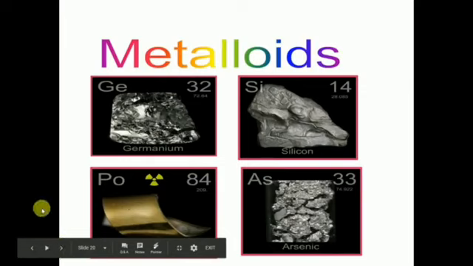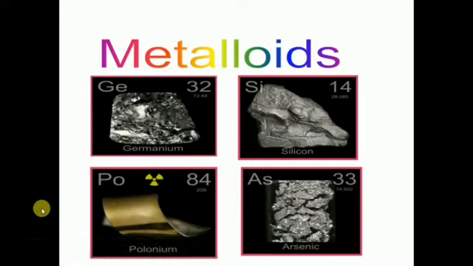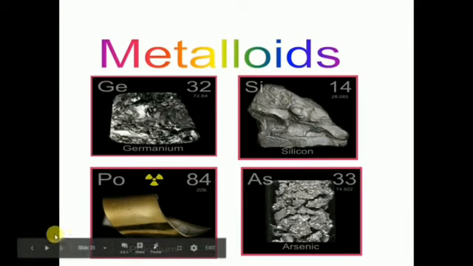Other than metals and nonmetals, we have metalloids also in our periodic table, which have the properties of both metals and nonmetals. Like we have germanium, silicon, polonium, arsenic, etc. Germanium with symbol Ge, polonium Po, silicon Si, and arsenic with symbol As.